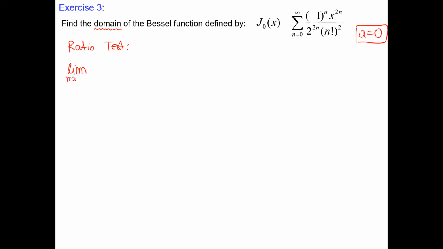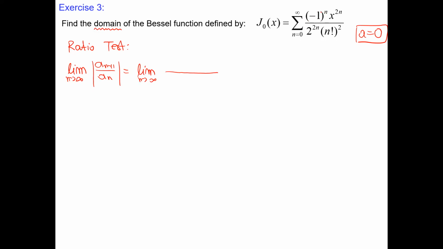Limit as n goes to infinity of the absolute value of a sub n plus 1 over a sub n. I hope we can manage this. -1 to the n, the absolute value will remove this. That's not a variable, I can ignore this.